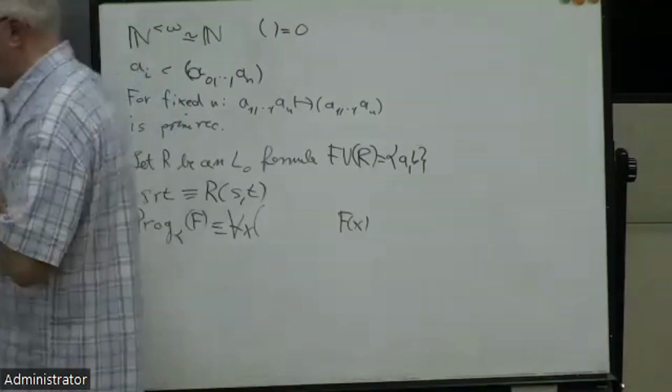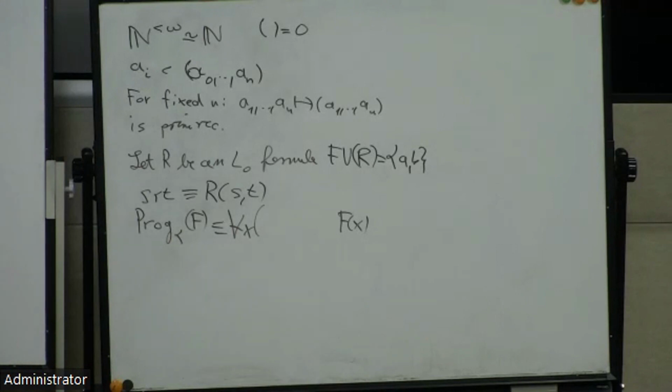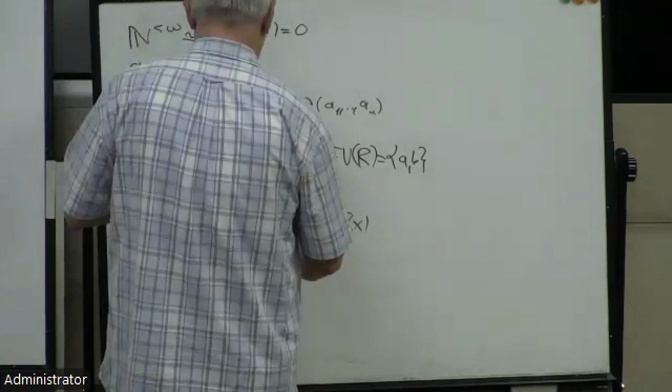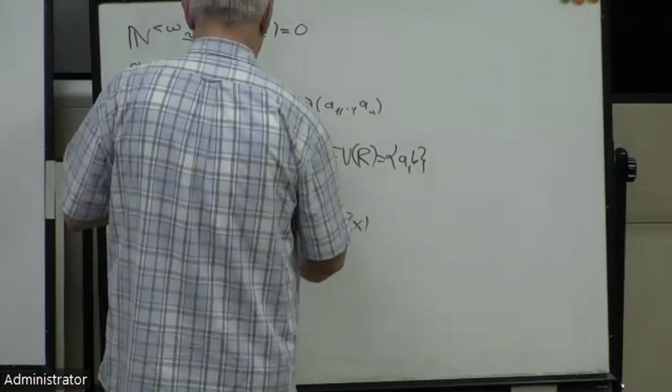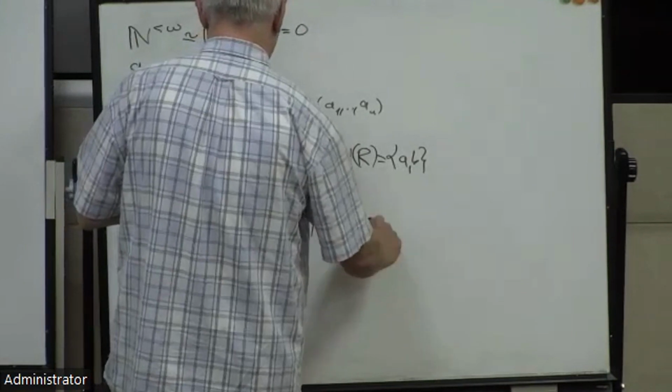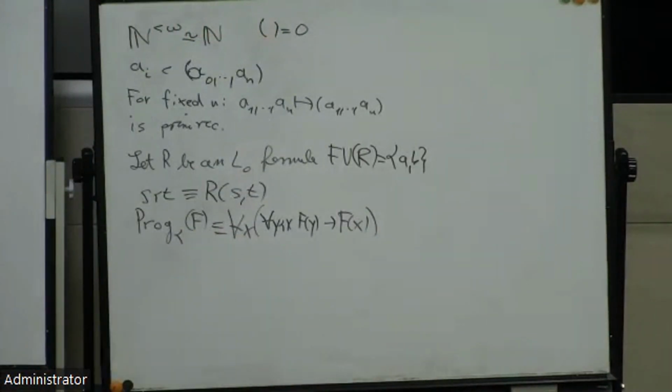And for this, I want to have the premise of an induction. So if for all y smaller than x, f of y holds, then f of x. This is the premise of induction, and this is the progressiveness formula.